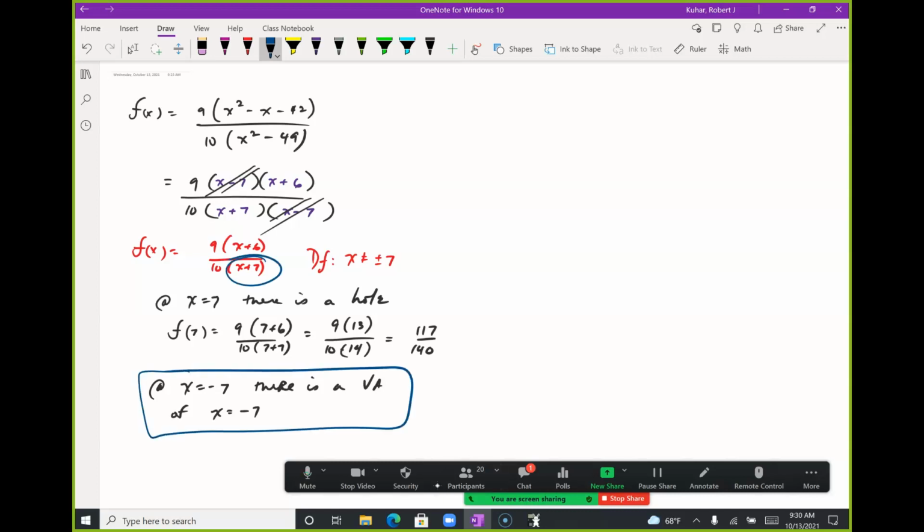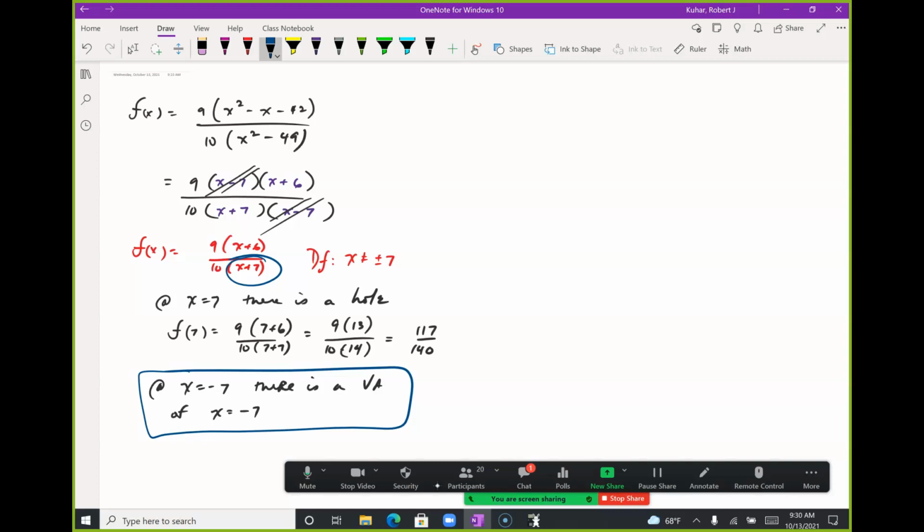Because that's the only time my denominator equals 0, but my numerator doesn't. And that's what I need for a vertical asymptote. So when factors cancel, I'll have a hole, a removable discontinuity.